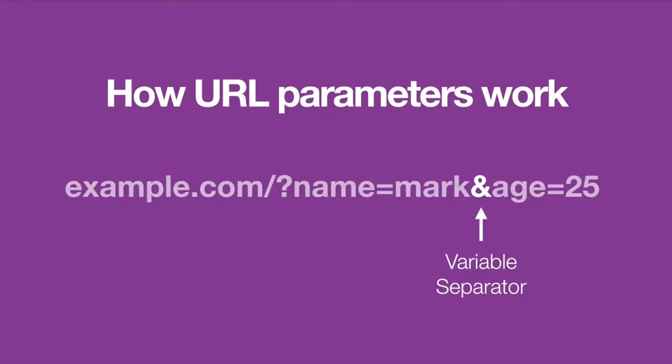And then the cool part about this is that you can have multiple variables, and all you need is the and symbol, or the ampersand, to separate them out. Y'all seen this, right?